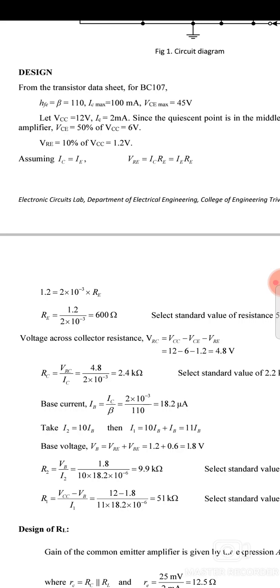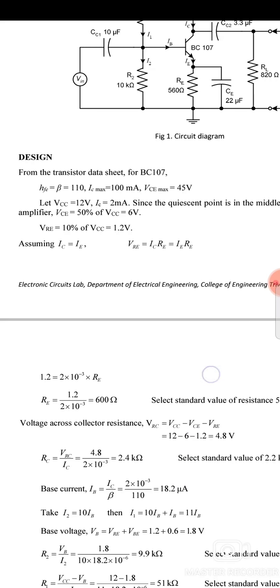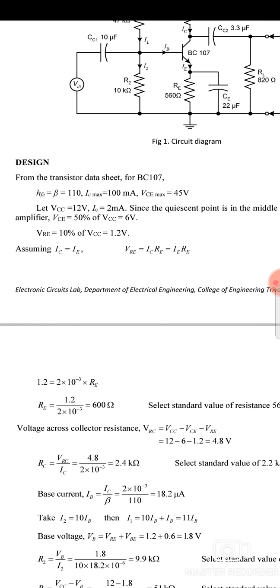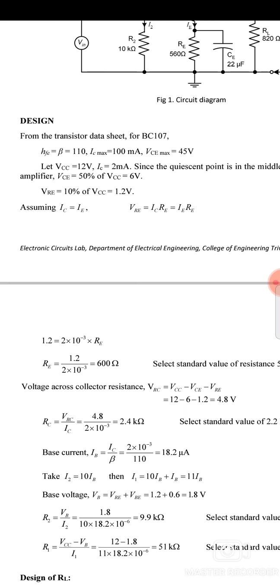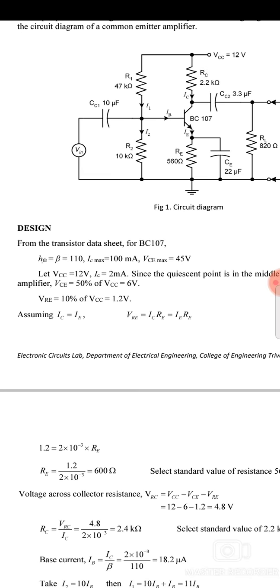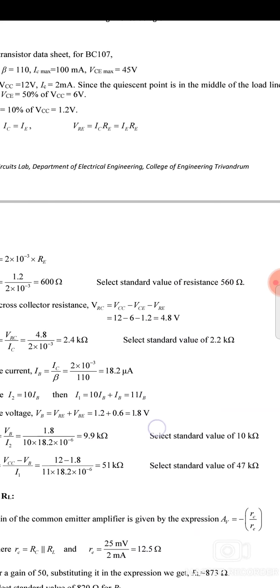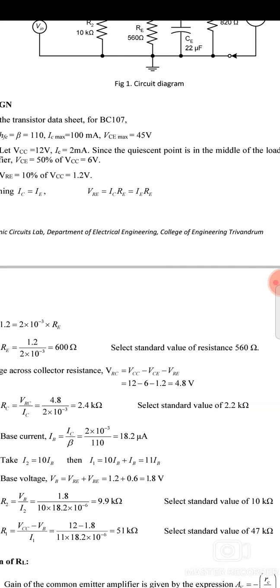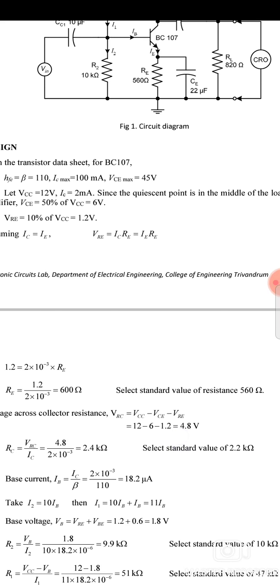This is the procedure to find or select the emitter resistor value in the amplifier circuit, right? 600 ohms is the emitter terminal resistor, but the standard value of resistance is 560 ohms.